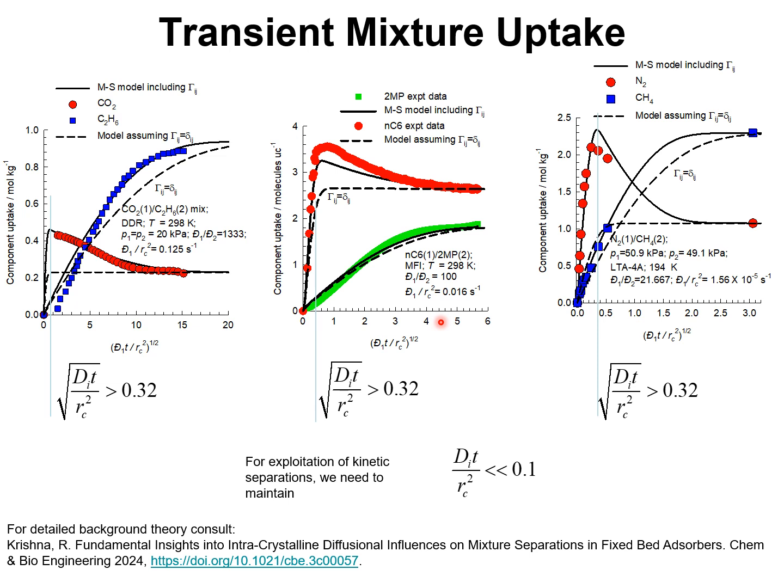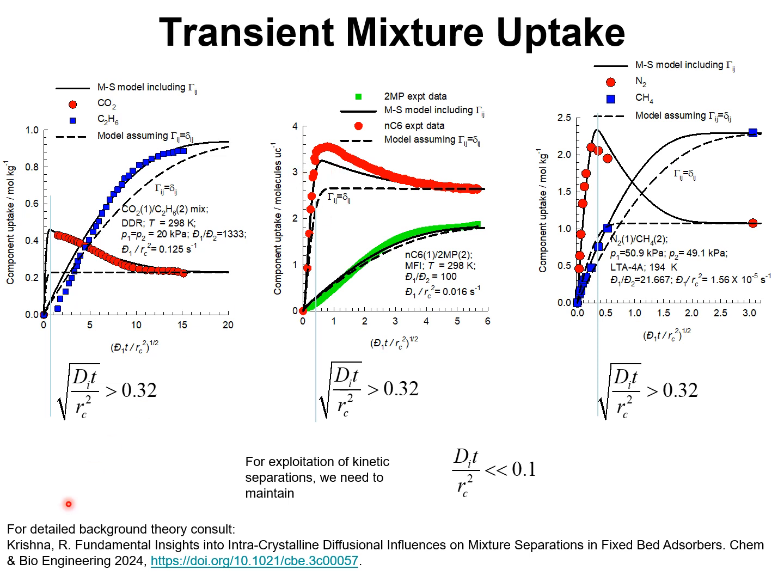The dashed lines are the simulations of transient uptake using the LDF model of Glueckauf. The LDF model fails to capture the overshoots, and the overshoots can only be captured by the Maxwell-Stefan diffusion equations.